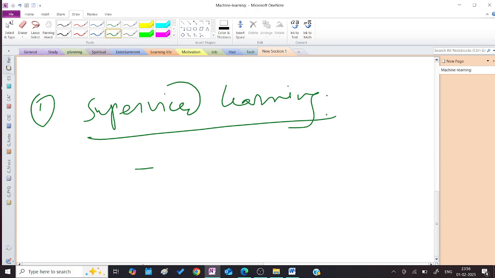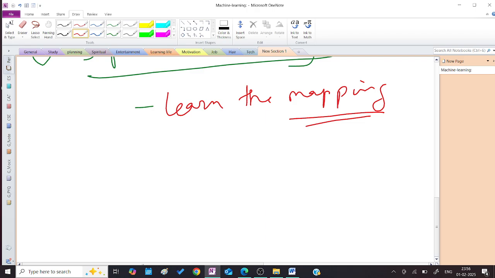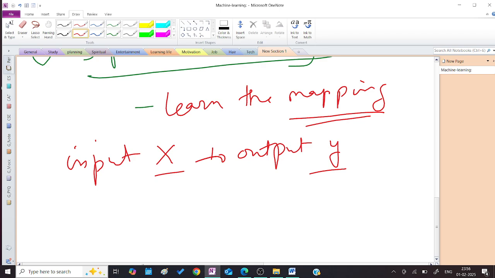In supervised learning, our main goal is to learn the mapping, or you can say function, which maps input vector x to output y, given D. What is D?